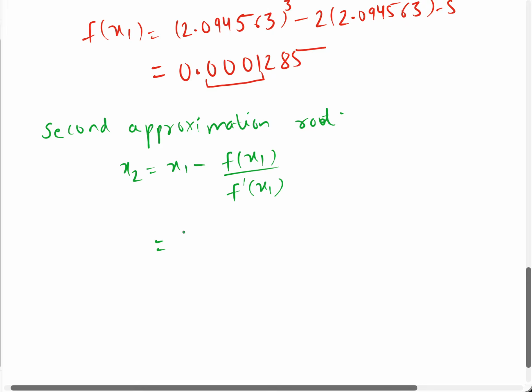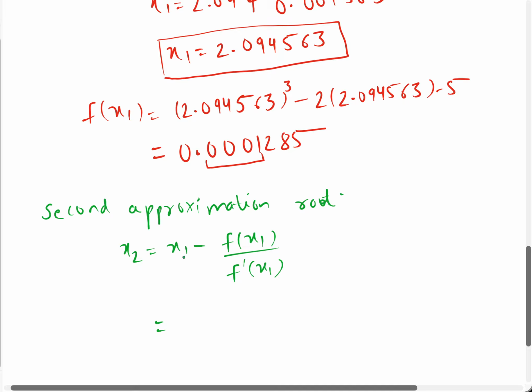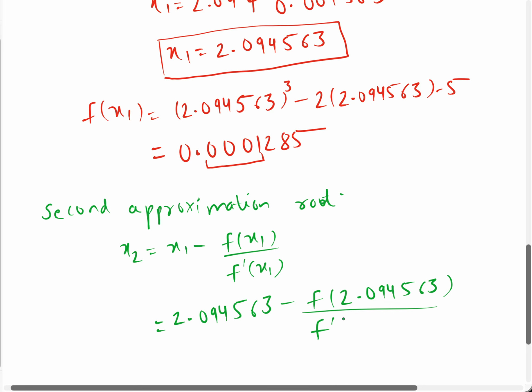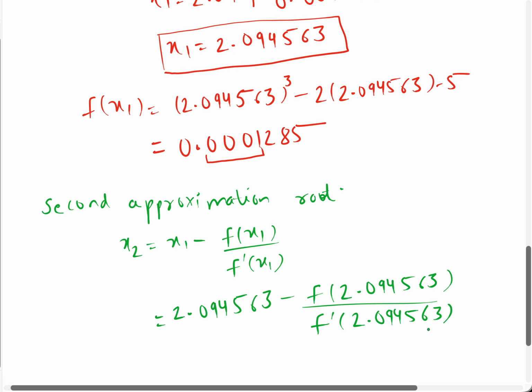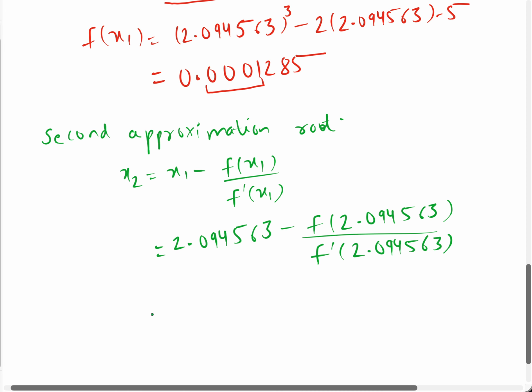What is our x1? x1 was 2.094563 minus f of 2.094563 upon f dash of 2.094563.